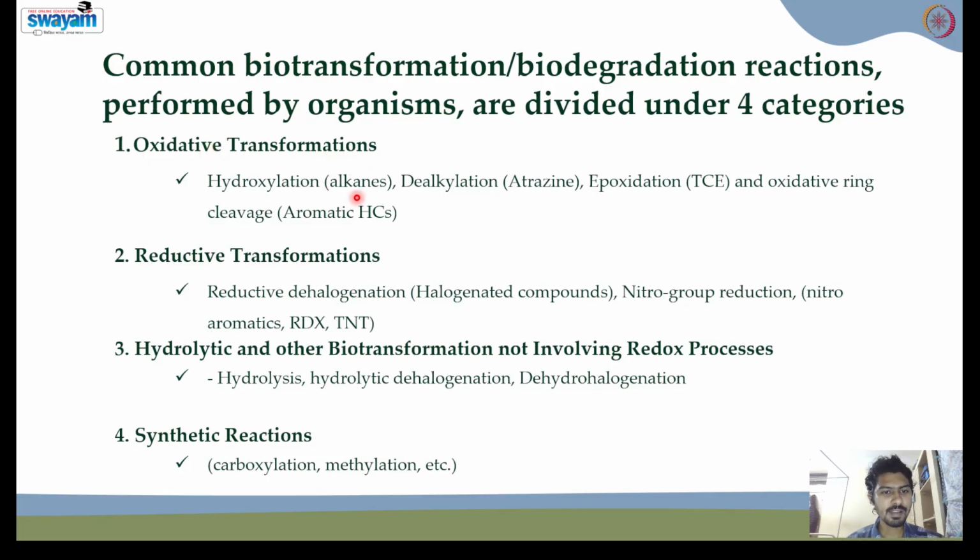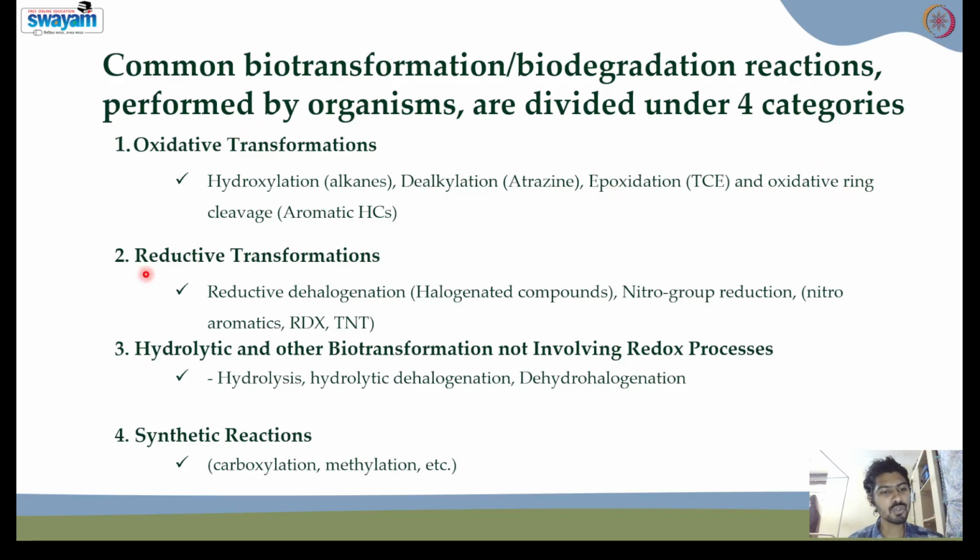For example, in the case of alkanes, hydroxylation is used to break them down. In the case of atrazine, dealkylation takes place. In the case of TCE, trichloroethylene, epoxidation takes place. And in the case of aromatic hydrocarbons, oxidative ring cleavage occurs through oxidative transformation.